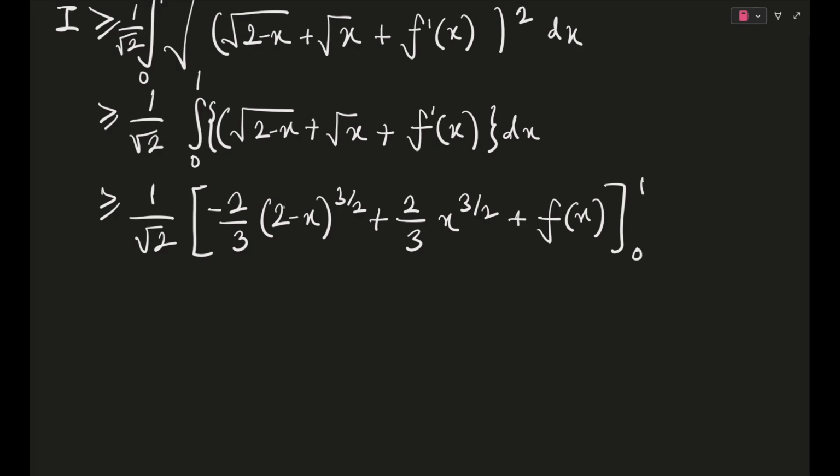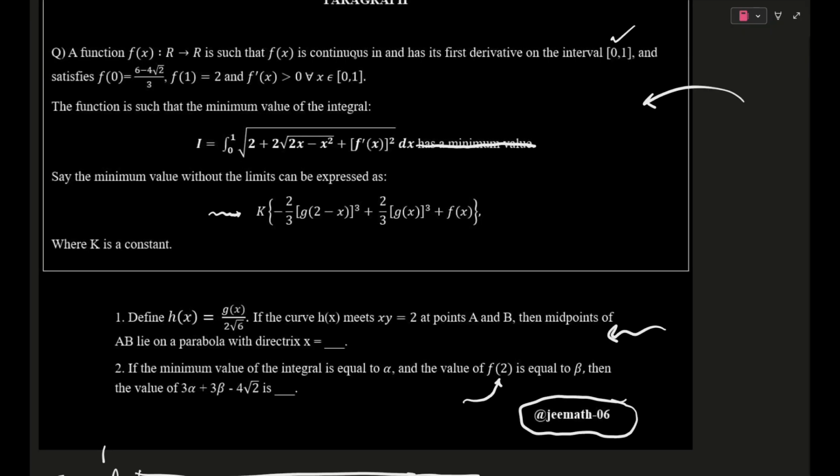Okay, so this is our expression, and now if you see, it was given as k times g of 2 minus x plus g of x. I will show you that. So it was k times minus 2 by 3 times g of 2 minus x plus 2 by 3 times g of x plus f of x.